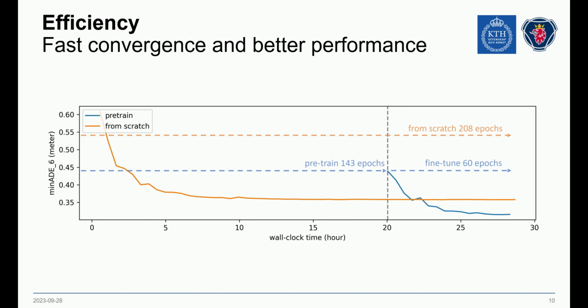Take an example from conditional motion prediction training for Argoverse. The X-axis represents relative wall training time and the Y-axis represents the ADE. The plot indicates that pre-train with fine-tune is more accurate than training from scratch. Meanwhile, it can learn other tasks from the same pre-trained task at a faster rate and with better results.